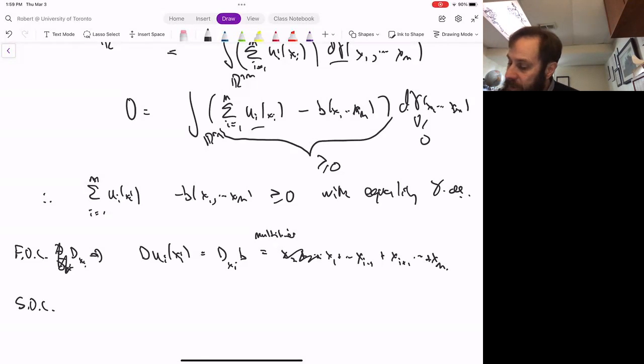And the second order condition is going to tell us that d2 ui with respect to xi is bigger than d2 xi of b, and since b is multilinear, this is going to be 0.